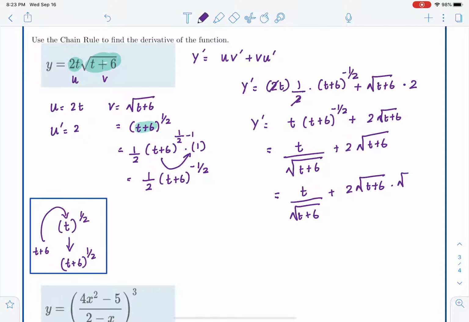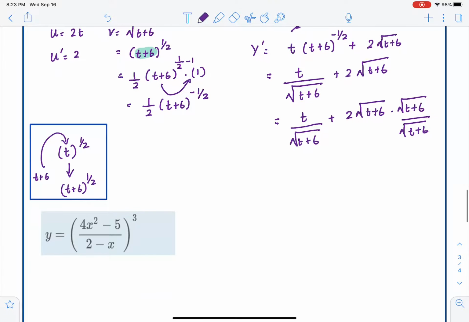By multiplying and dividing by square root of t plus 6. We know that square root of t plus 6 times square root of t plus 6 is simply t plus 6.